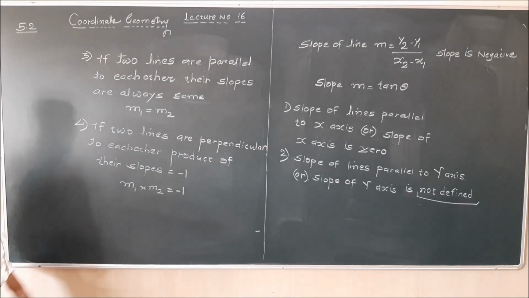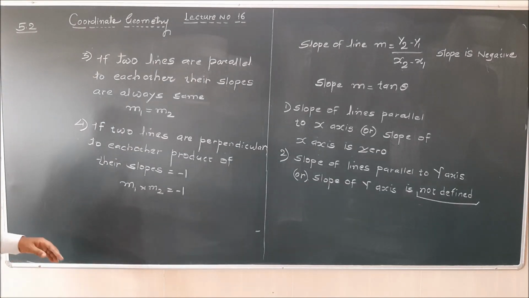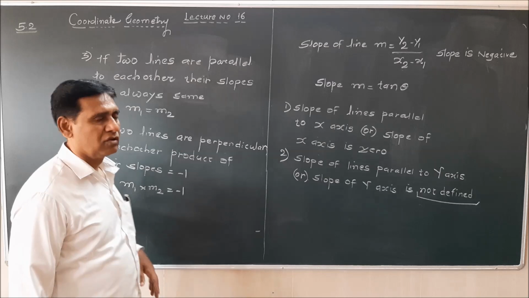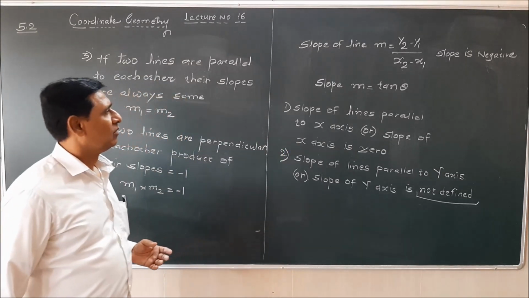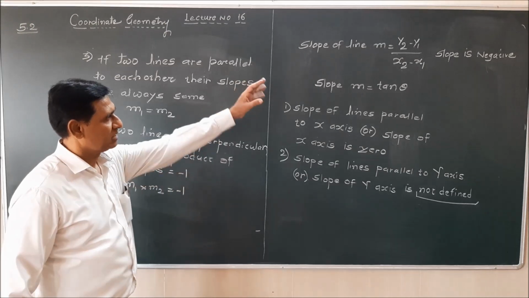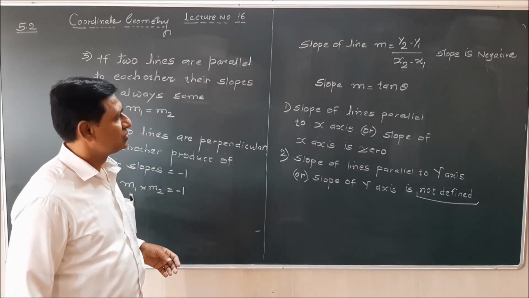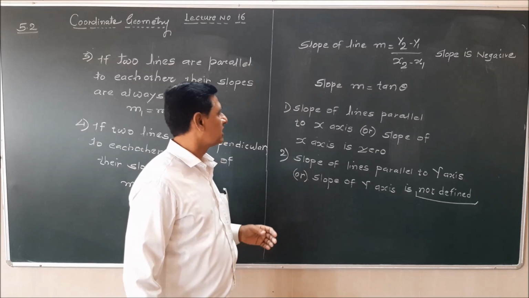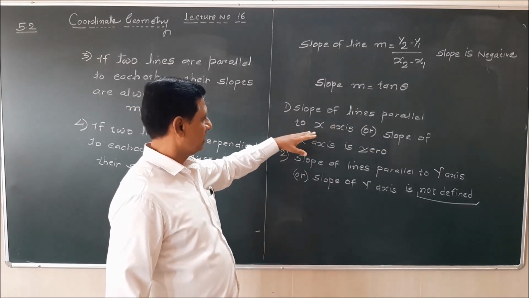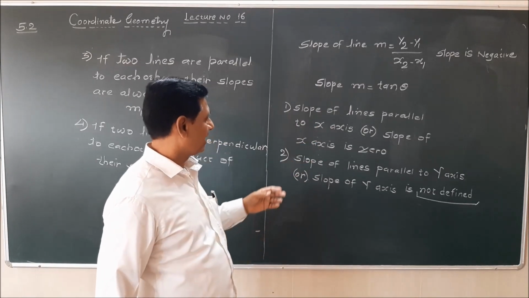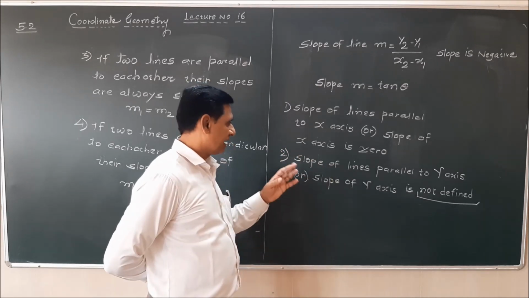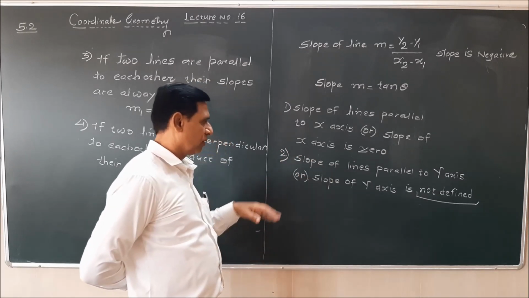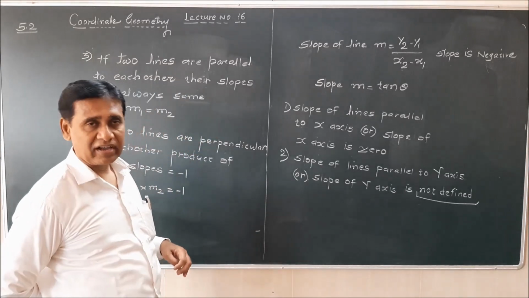So this is how, students, you have to remember these points: the slope formula is y2 minus y1 upon x2 minus x1, and in angular form slope m is equal to tan theta. The slope of lines parallel to the x-axis or of the x-axis is 0. The slope of lines parallel to the y-axis or of the y-axis is not defined.